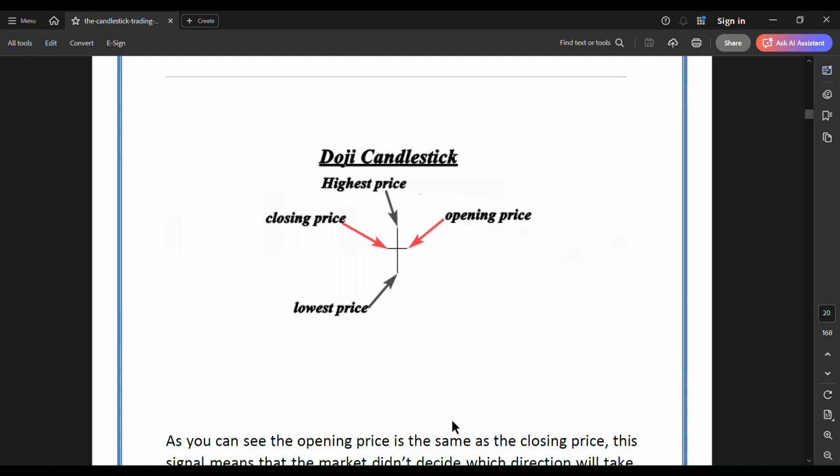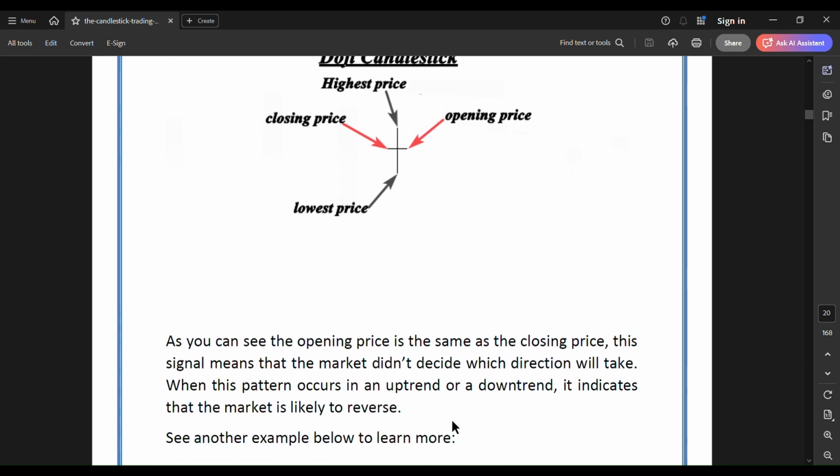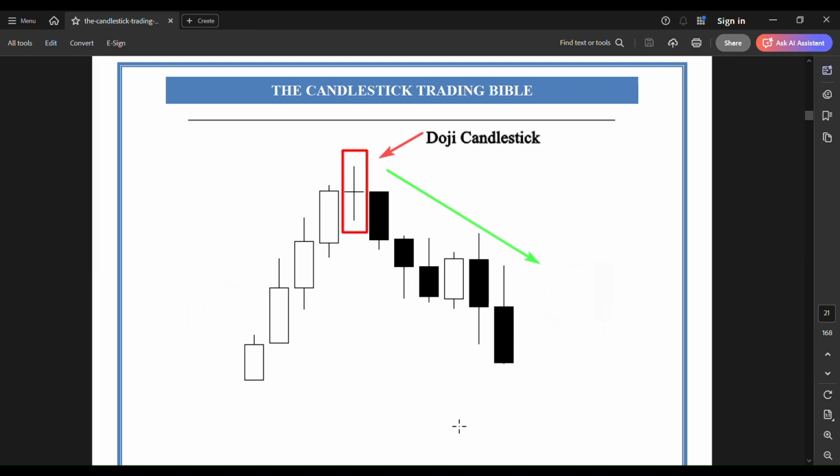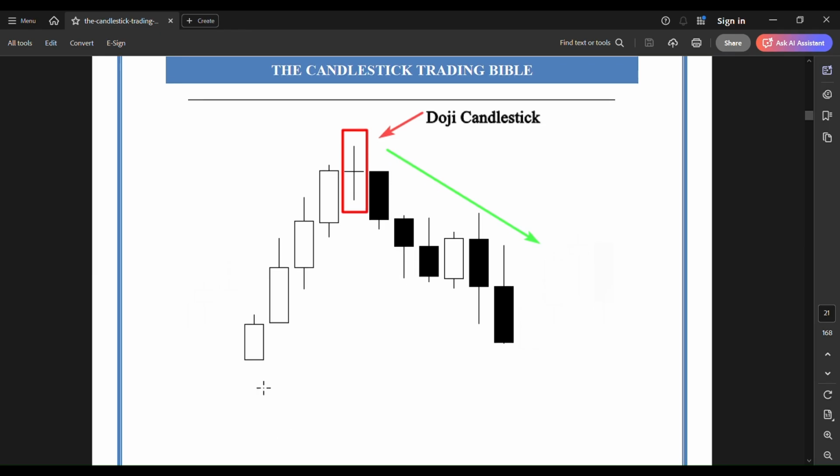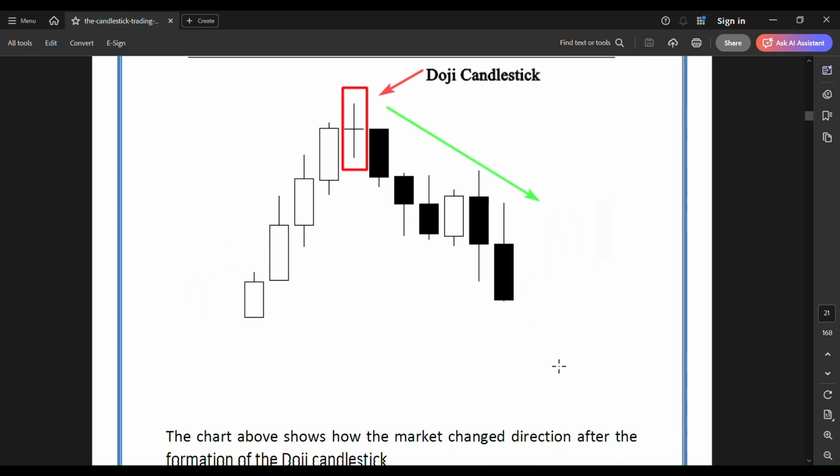Of course, if it happens at a reversal point, then it does indicate that the market trend has ended. In this case, it's signaling that buyers are now weak at this point, and there was an indecision there, and then now the market can start to go down.